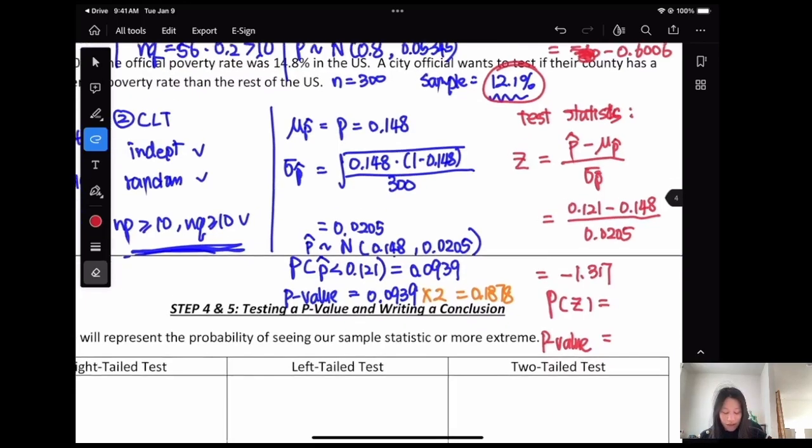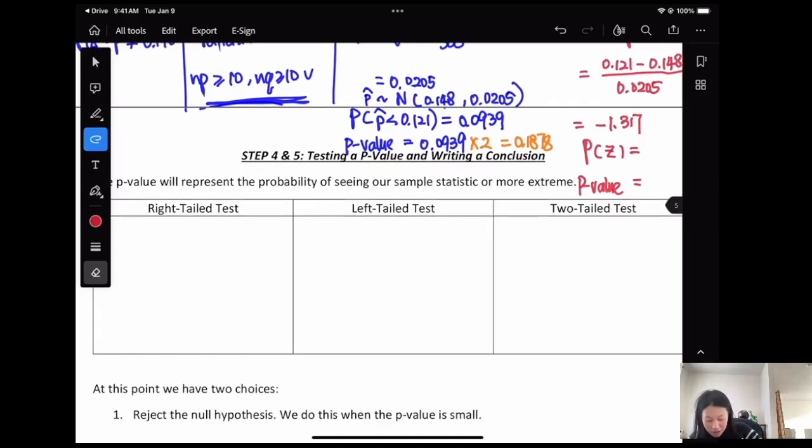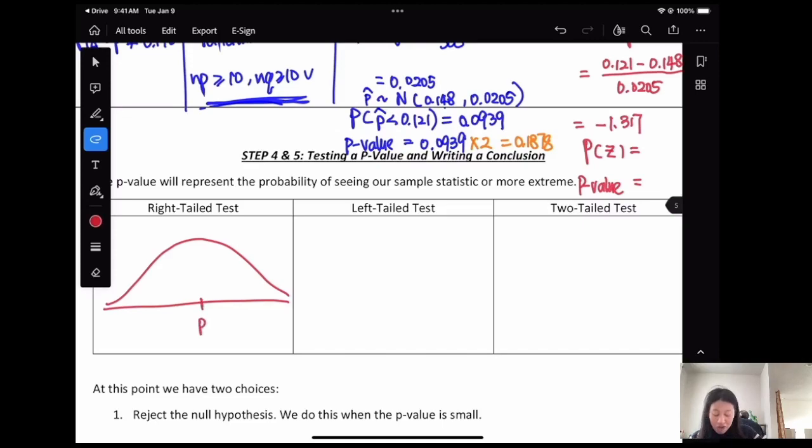All right, the next step is how do we test a p-value and how to write a conclusion. So a right-tailed test is when we're trying to prove something that is greater than the current status. The current status is our null hypothesis p, and bigger or greater than, so we expect our p hat to be on the right side of the normal distribution. This is our p-value.